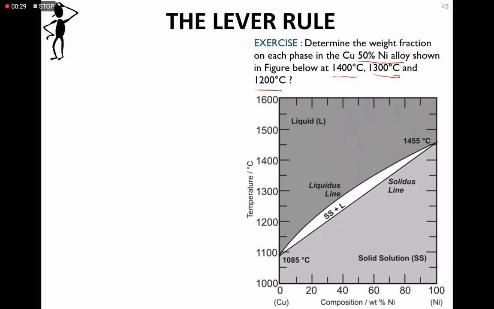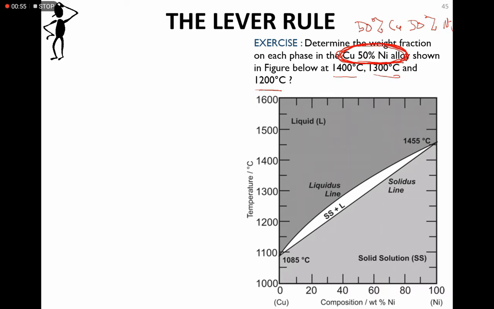For this exercise, you have two important things. The first, you need to consider this composition. This composition is a copper 50% nickel, so 50% copper, remaining 50% nickel.